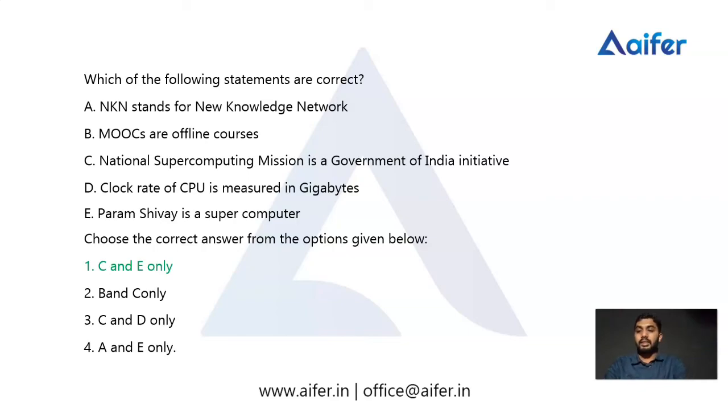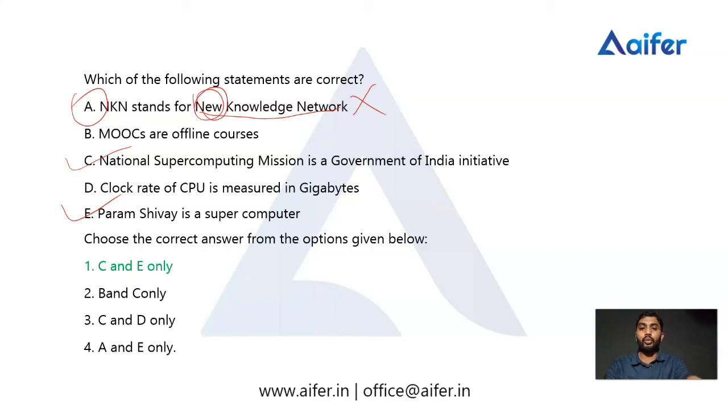So the answer is C and E. Out of these 5 statements, only 2 are correct, statement C and statement E. We can check one by one. First, NKN stands for, here it is given as New Knowledge Network, but it is wrong.